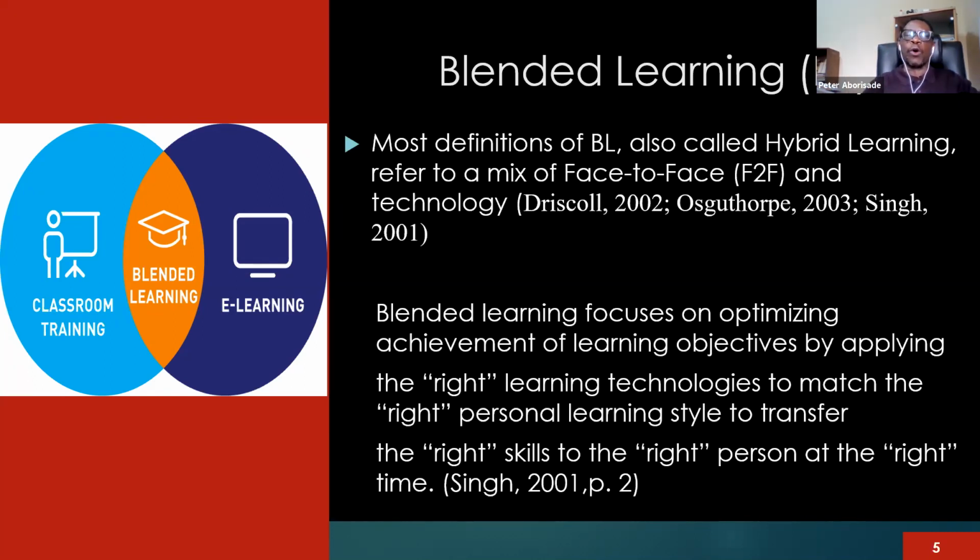Most definitions of blended learning, also called hybrid learning, refer to a mix of face-to-face and the use of technology. But there are definitions also of other things that we can bring together to have blended learning. But the most prominent, the most acceptable definition of blended learning or hybrid learning today is that of face-to-face and use of technology.